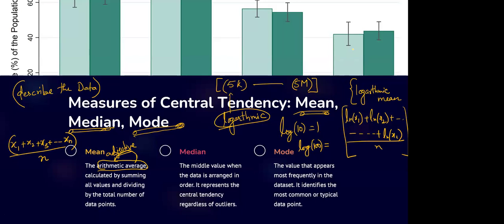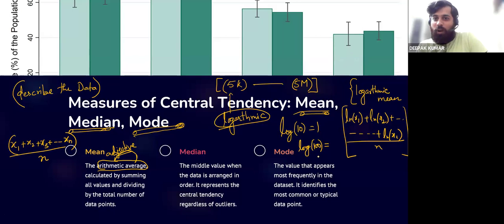Very good. It is 2 because log of 100 equals log of 10 raised to the power 2, and this power comes to the coefficient side, so it becomes 2 log 10 to the base 10. This becomes 1 and the answer becomes 2. So this is one thing.